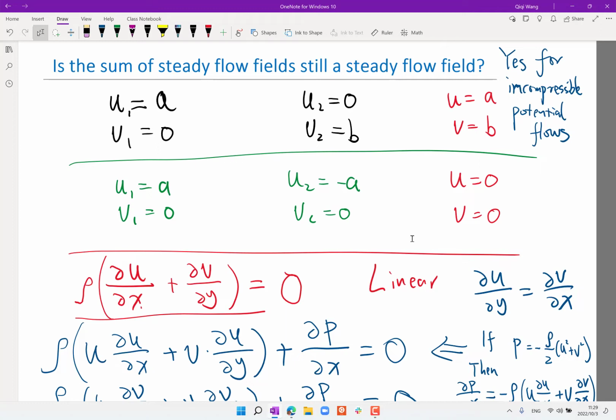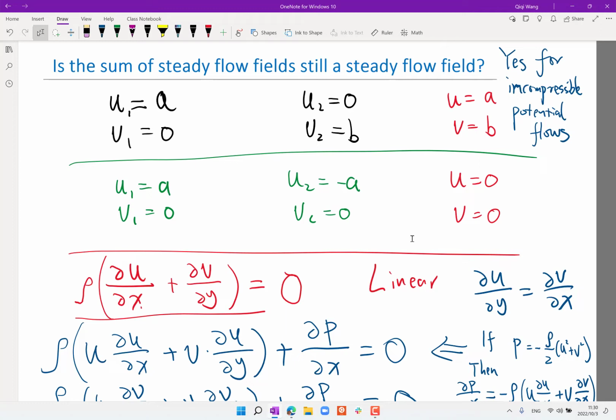So you kind of have to think about the flow around this vortex, not the flow at the vortex. At the vortex, if you actually solve the equations, it has to be unsteady because the vortex would have to move along with the flow. But if you focus on the flow around it, it could be steady state.